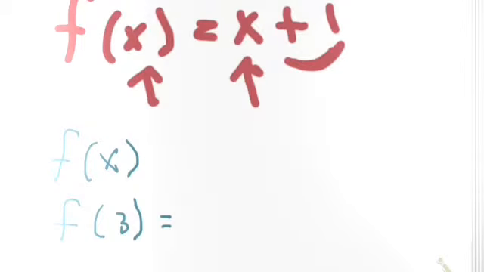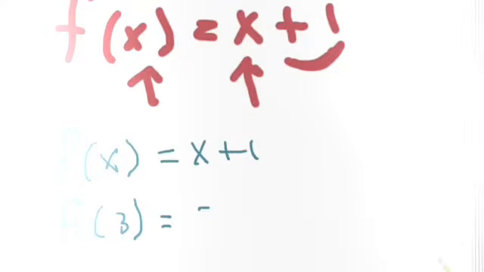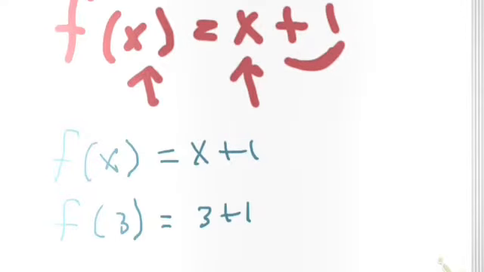In this case, it was x plus 1. So when we substitute in the 3, the relationship is 3 plus 1. And then the third component is the output, which is 4. This is why functions are considered input-output machines, but they still must adhere to a few simple rules.